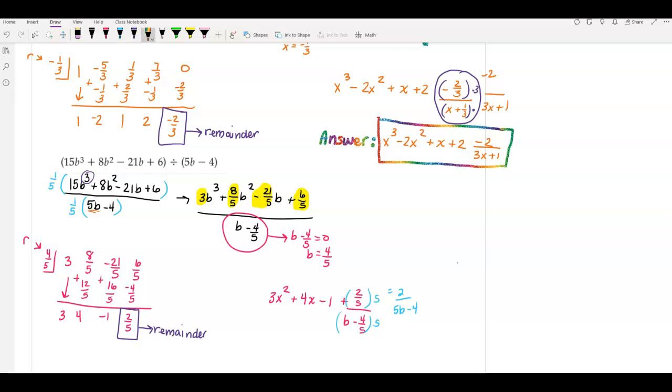So our answer becomes 3x squared plus 4x minus 1 plus 2 over 5b minus 4, where that 2 over 5b minus 4 is our remainder.